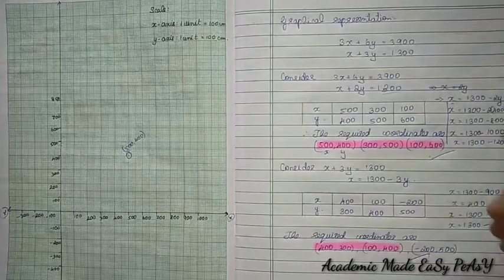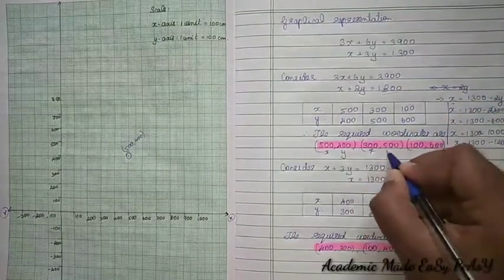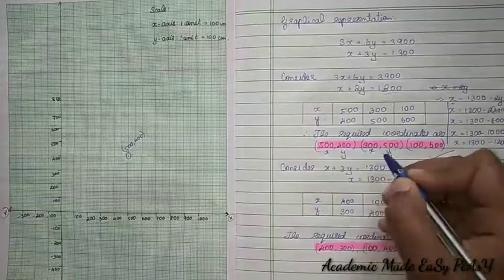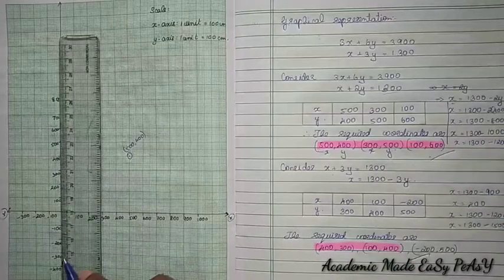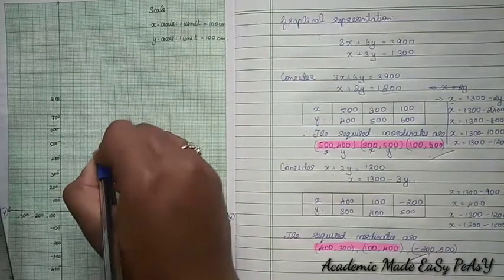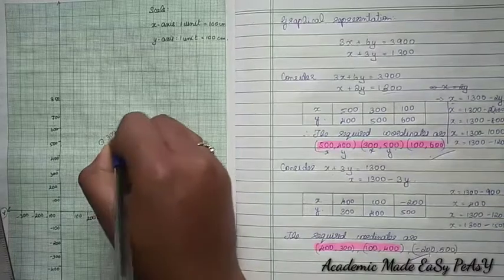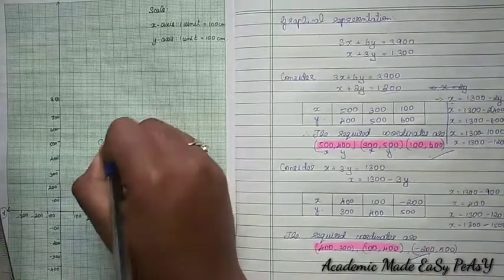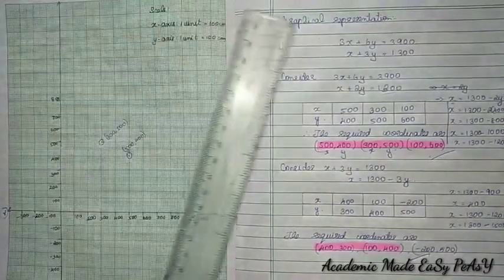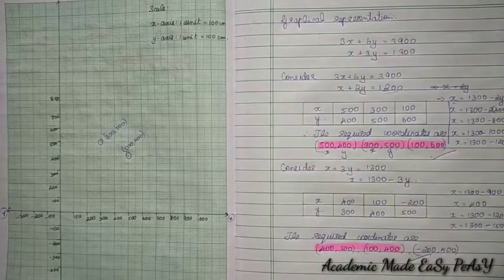Okay, so next I will be going for 300, 500. So this is x and y. 300 is over here and 500 is over here. So 300, 500. Be very, very clear with the graph, because the graph is the important part.